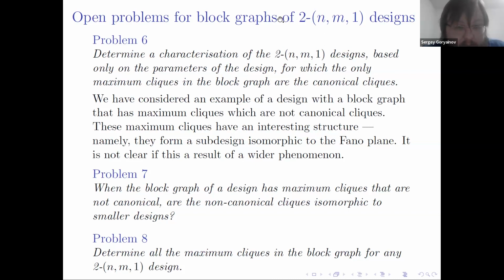Problem 7. When the block graph of a design has maximum cliques that are not canonical, are the non-canonical cliques isomorphic to smaller designs? And in general, it is interesting to determine all the maximum cliques in the block graph for any 2-(n,m,1) design.